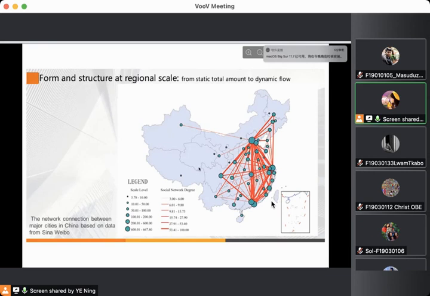Look at China: in the southwest of China, like Shanghai, Ningbo, and Shenzhen, etc. These pictures give the network connection between major cities in China based on data from Weibo, which comes from web data. From these visualizations, we can see the scale level and social network degrees.